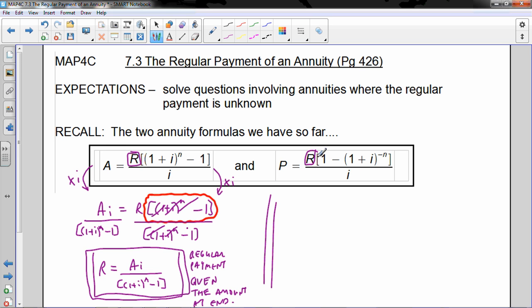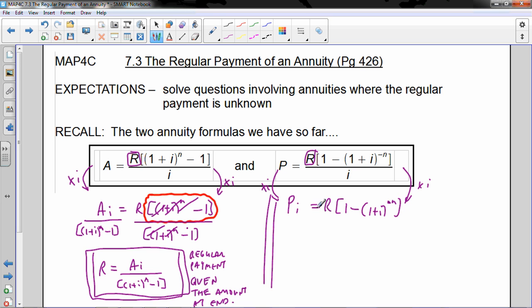In contrast, the formula that we did is almost exactly the same thing. You see what I'm going to do? I'm going to multiply by i. Multiply by i is the first step. And then instead of having A times i, I'm going to have P times i. And again, a big mess inside these square brackets.